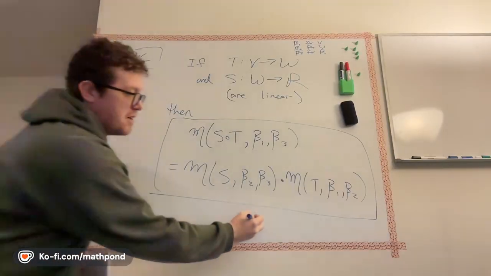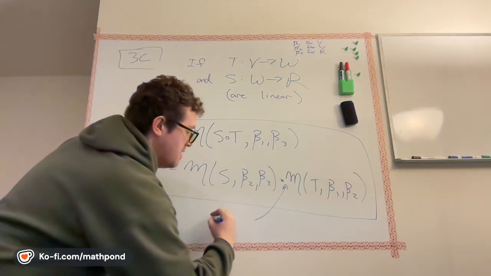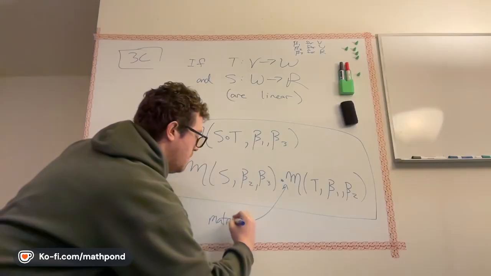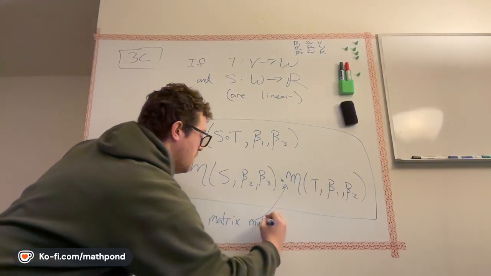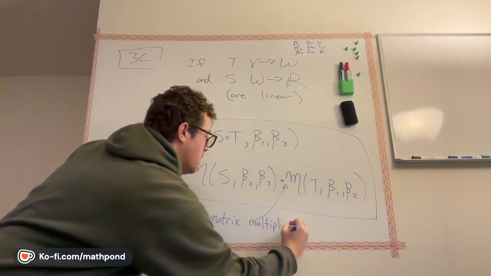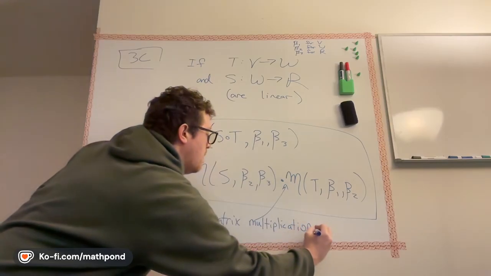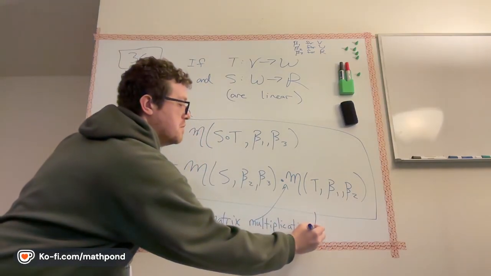And this right here is this matrix multiplication, which I haven't defined. Maybe I'll give it an exclamation mark.